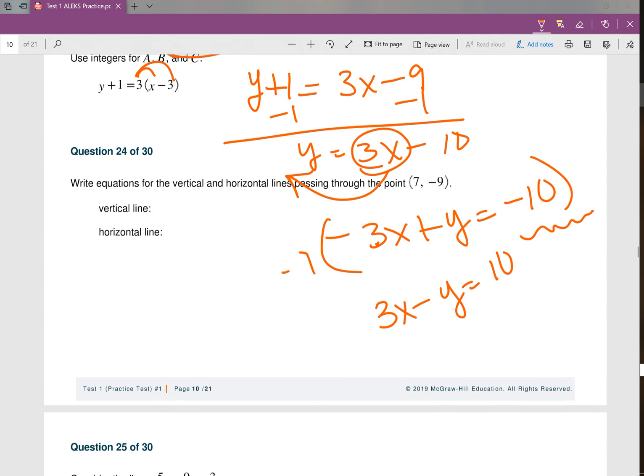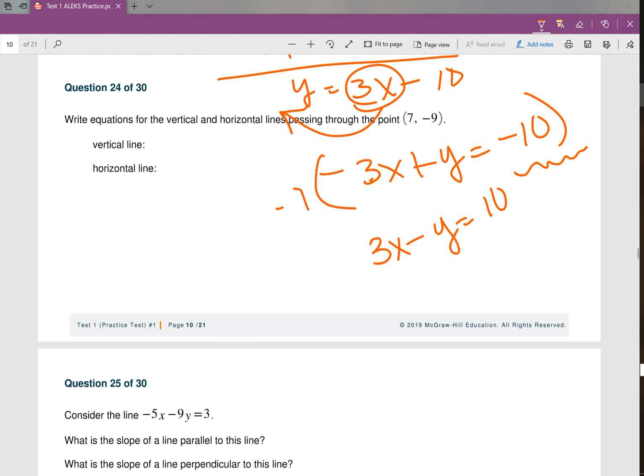Number 24. Write the equation for the vertical and horizontal lines passing through the point (7, -9). So here's the deal. Let's do the vertical line first. Let's pretend that's 7, and let's go all the way down here, and let's say that's negative 9.